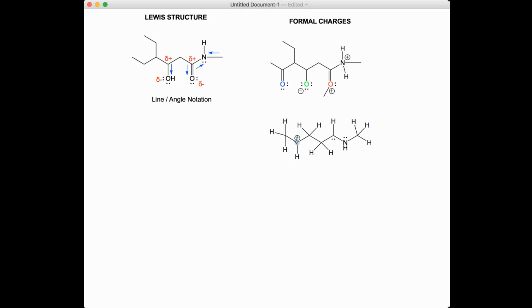So it's going to accept 2 electrons from any species that can give those electrons to it, and by doing this, it will complete the octet and be very stable. So carbocations are highly unstable because the octet is incomplete. The valence shell is incomplete.